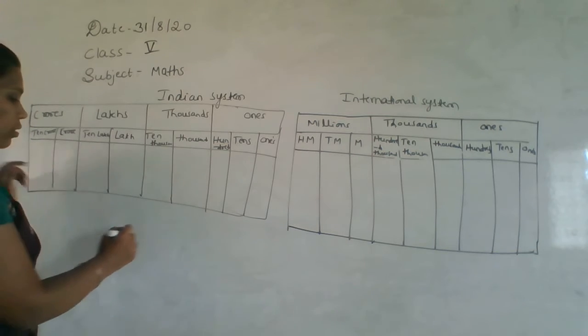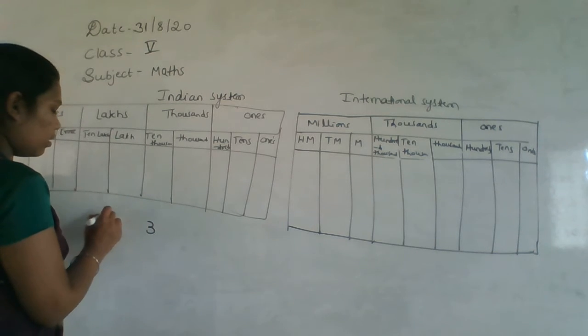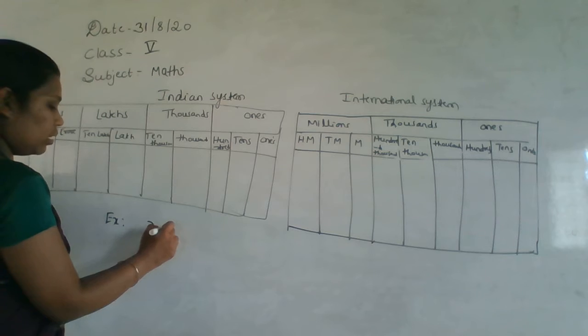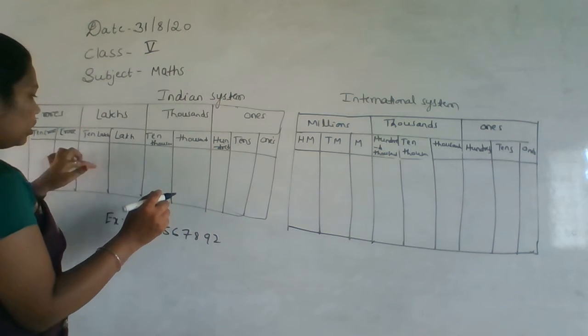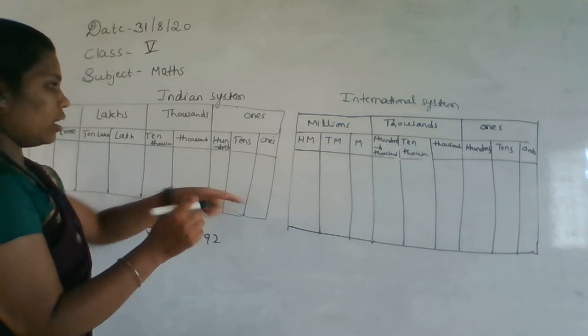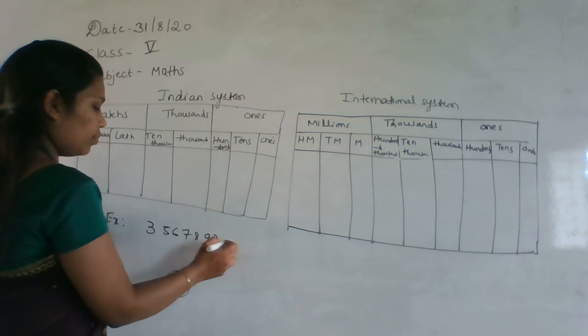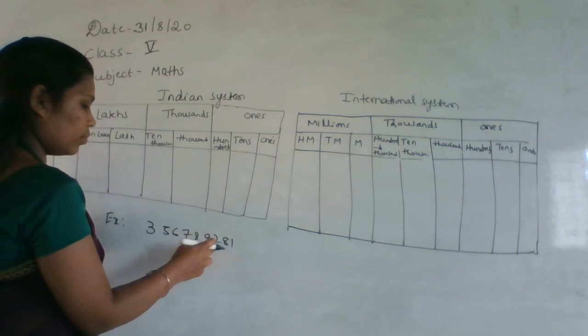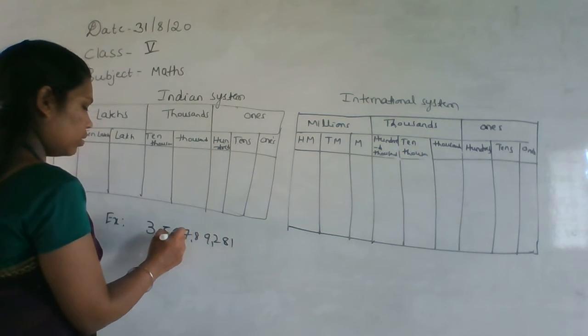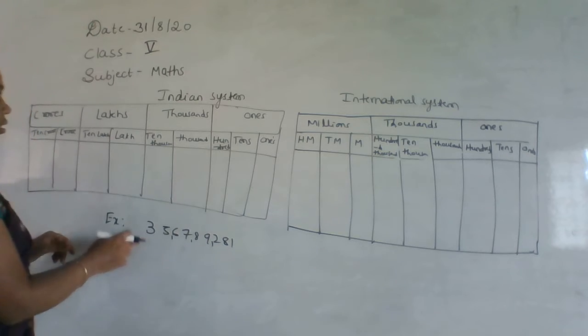I'll write one number here. Take one example: 3, 5, 6, 7, 8, 9, 2, 8, 1. Right. So this is India.